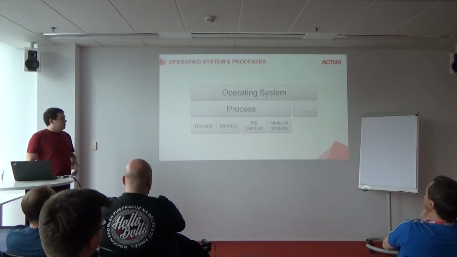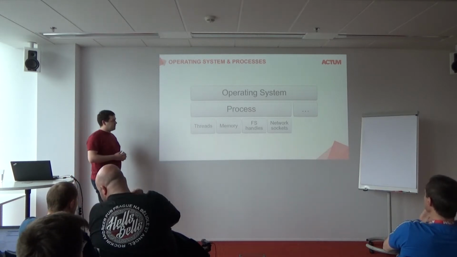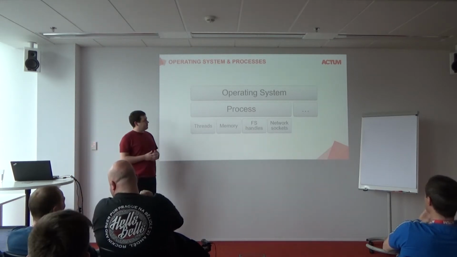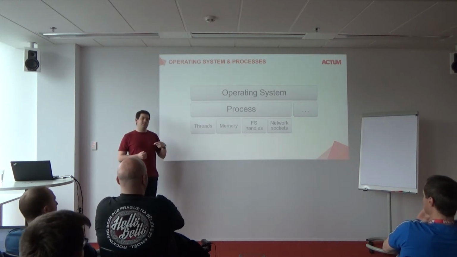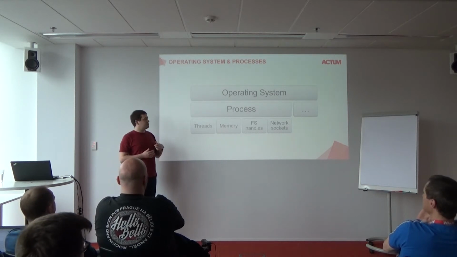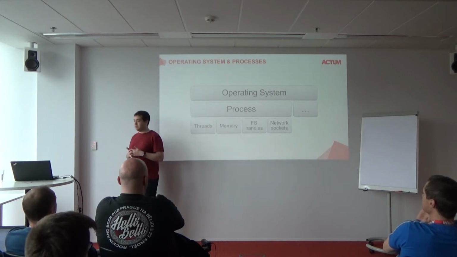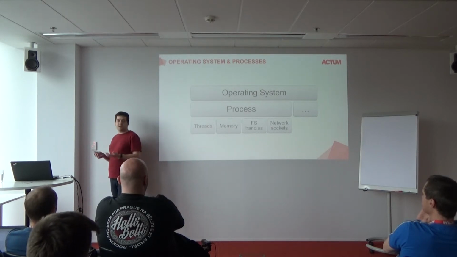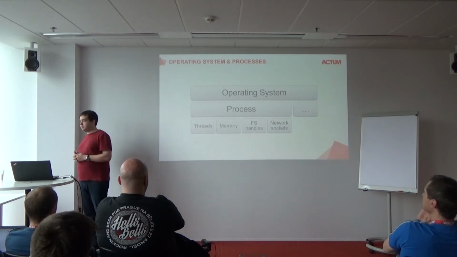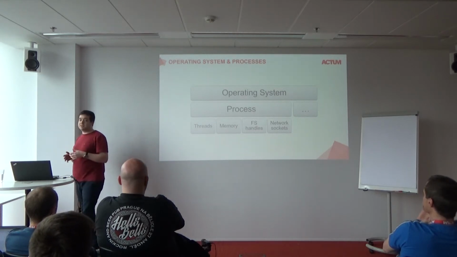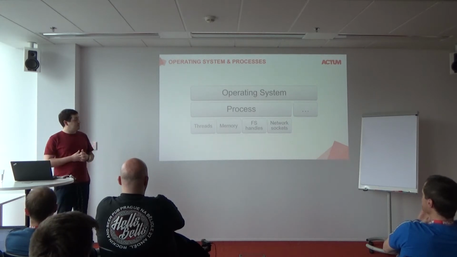Okay, so I will start with something quite obvious, but we will get to some details. It's not like writing simple assembler code anymore. You need to use an operating system, because we need to run multiple applications at the same time, share some resources, and also if we are running multiple applications, we need some isolation, and that's basically what the operating system helps us with.